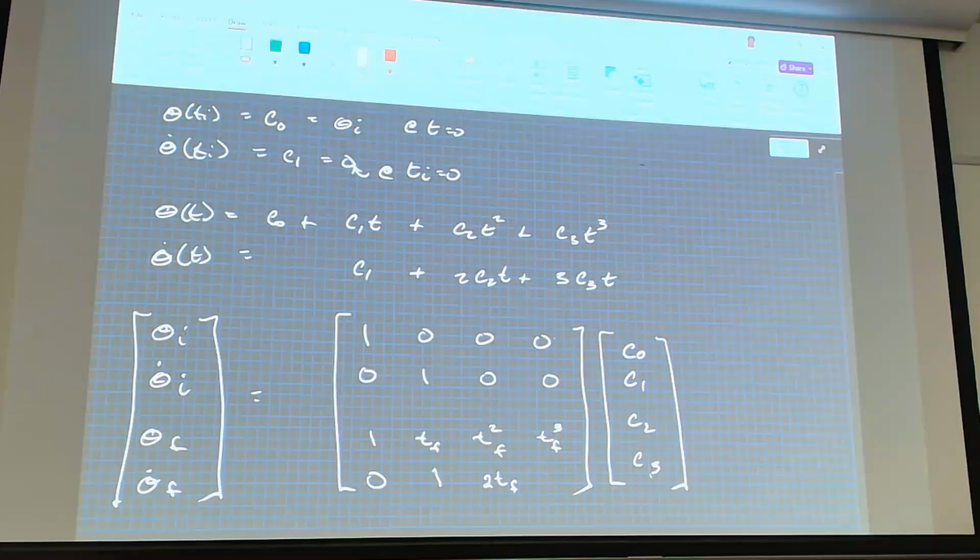And 3t squared. Oh, it's supposed to be squared. Yes, squared. Up top. Theta dot. Oh, yes, thank you. I have it in my notes. And this is equal to 0. Our final velocity is equal to 0. We said so.